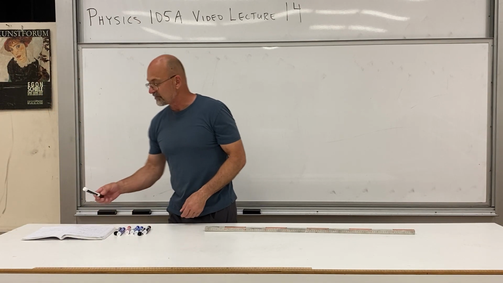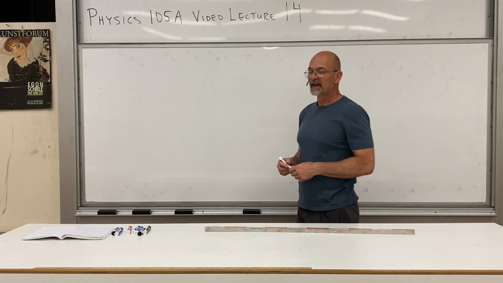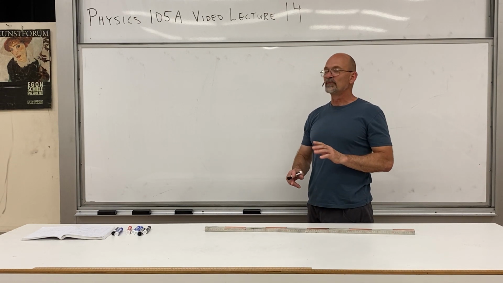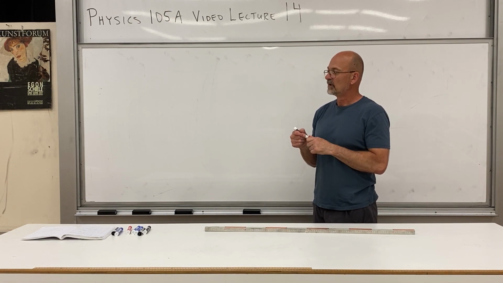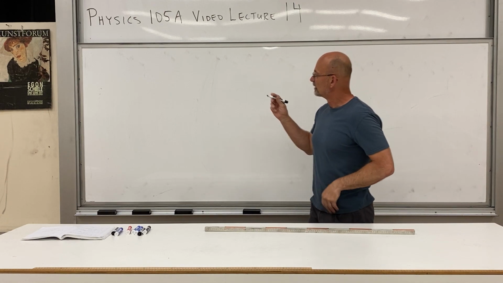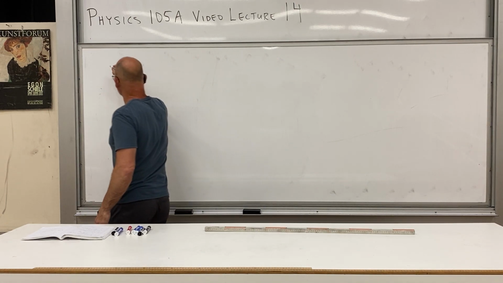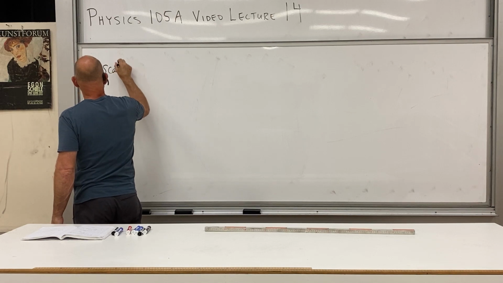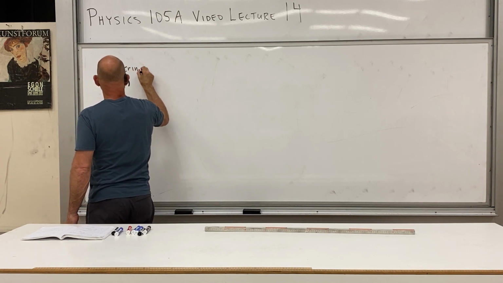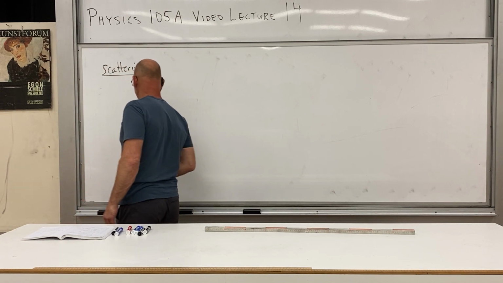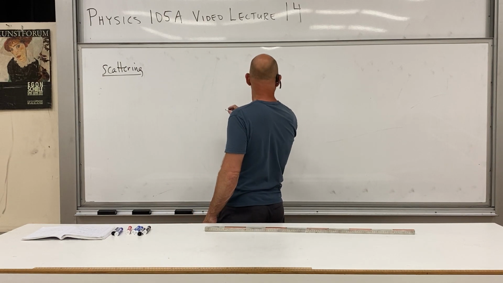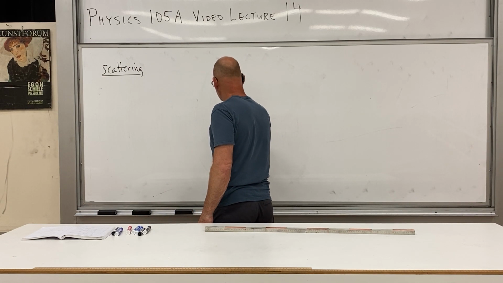I'll just unfold the whole scattering problem again. We're going to set up the Rutherford problem, Rutherford scattering, but we'll go back to what we had last time. So, scattering. We have a target here.